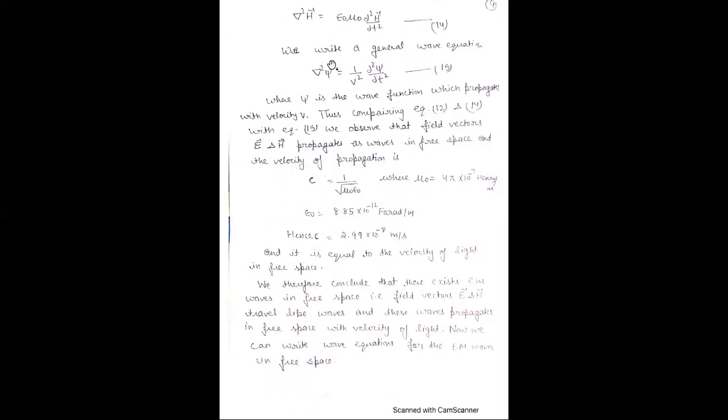Therefore it is the same function psi, del square psi, the double derivative with respect to time. Therefore electric and magnetic field propagate as waves in free space, and the velocity of propagation c is equal to 1 by root of mu naught epsilon naught.